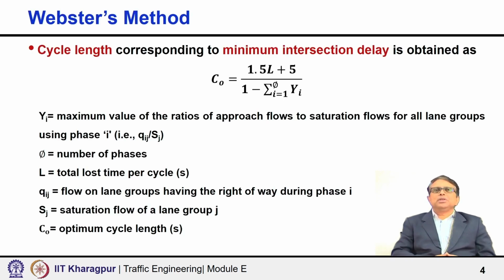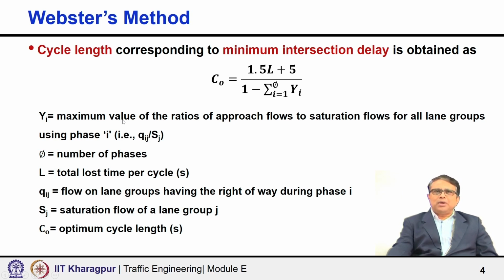As per the Webster method, the cycle length corresponding to minimum intersection delay may be obtained using the formula shown in the slide. Here we are using L as the total lost time per cycle.